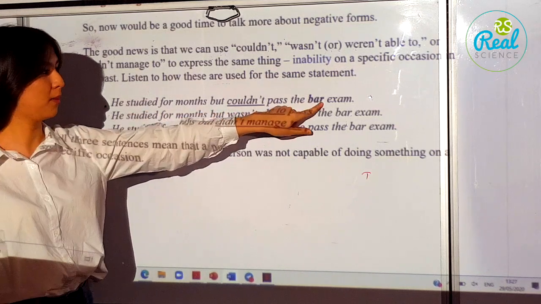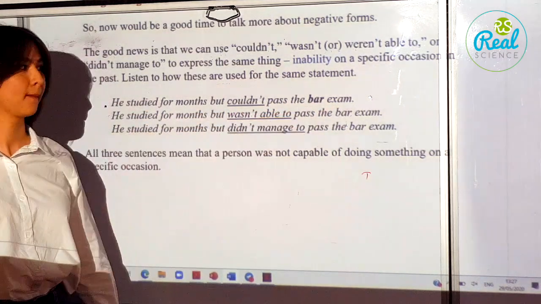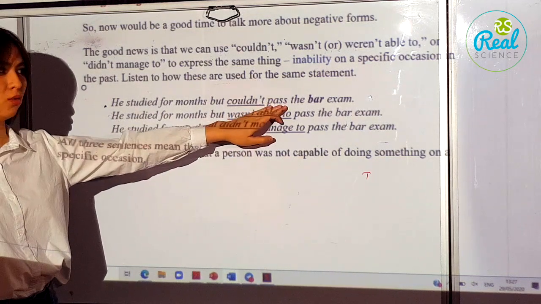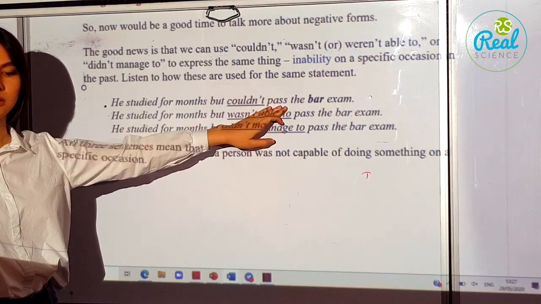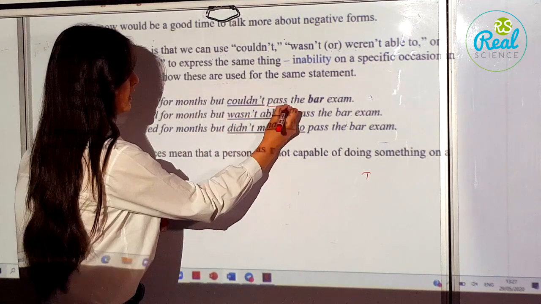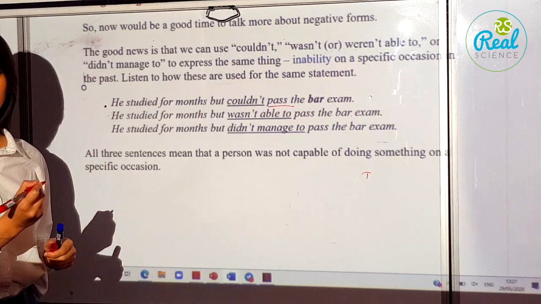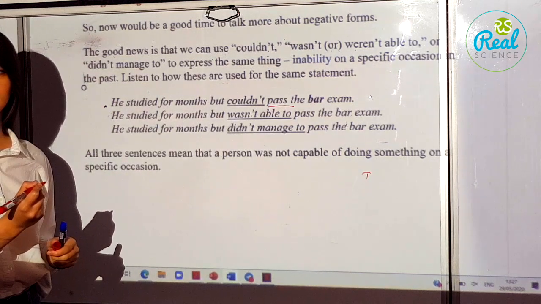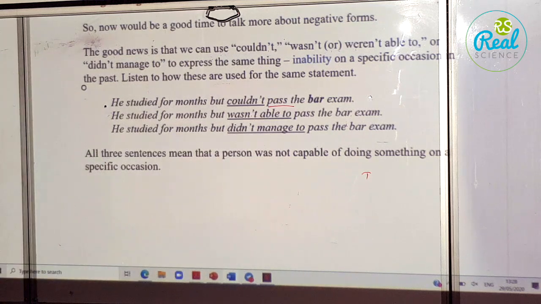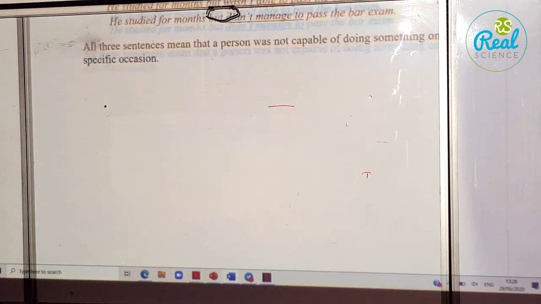Couldn't pass is the verb. Yes. You mean this one? Look, why is pass not in the negative form? Yes. So I understood. You understood, okay. Nice. Okay, let's move.